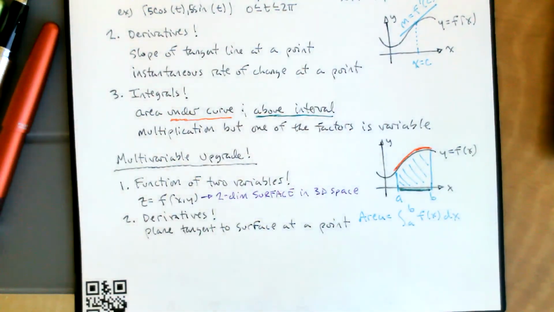So instead of a line tangent to a curve, we'll have a plane tangent to a surface.